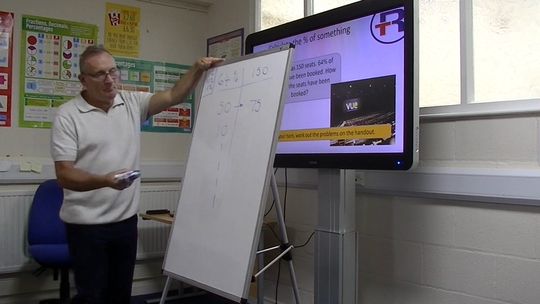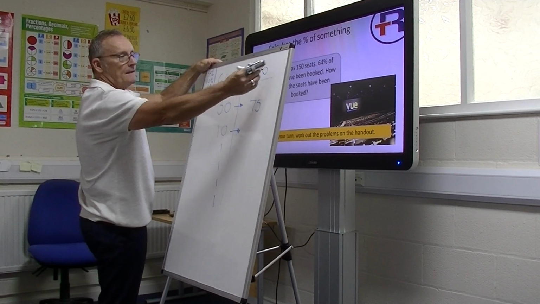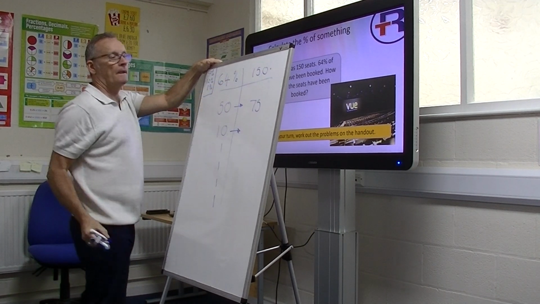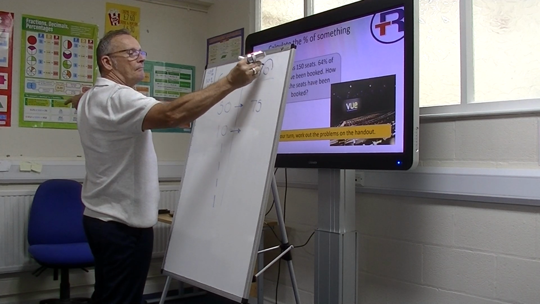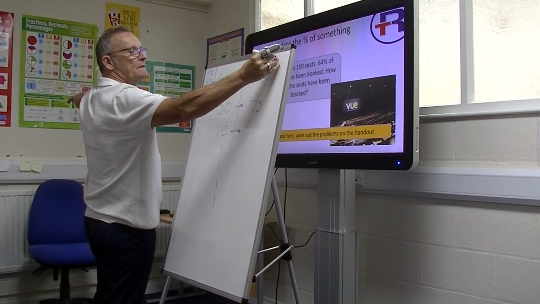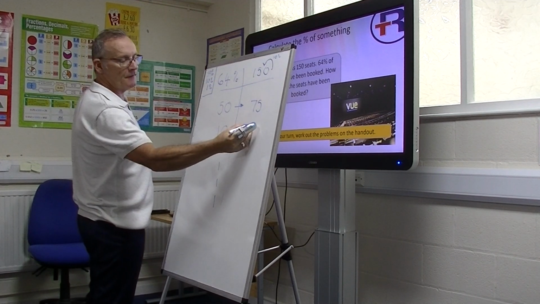Now to find 10% of any number, all you do, you take the decimal point which lives here and you move it one place to the left. So that's 10%. So I found 10% of 150 is 15.